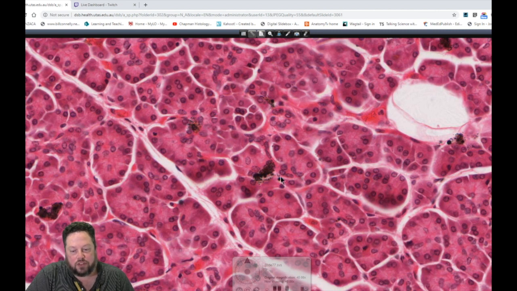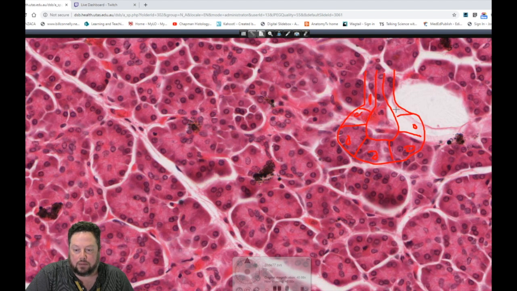Now the pancreas has this unique arrangement. When we looked at the salivary glands, they had these ducts, and then they had the secretory acini running this way. So here's our secretory cells, and we've got the nuclei of our acinar cells down the bottom here.